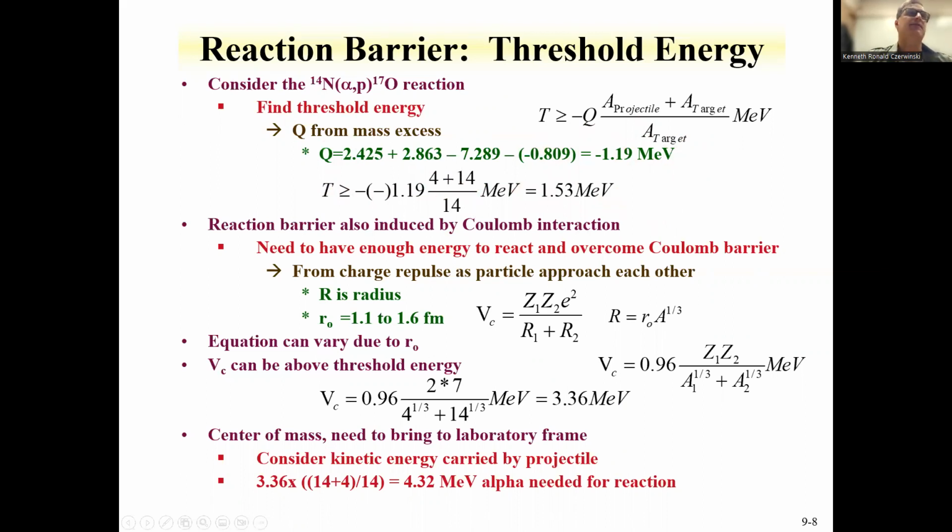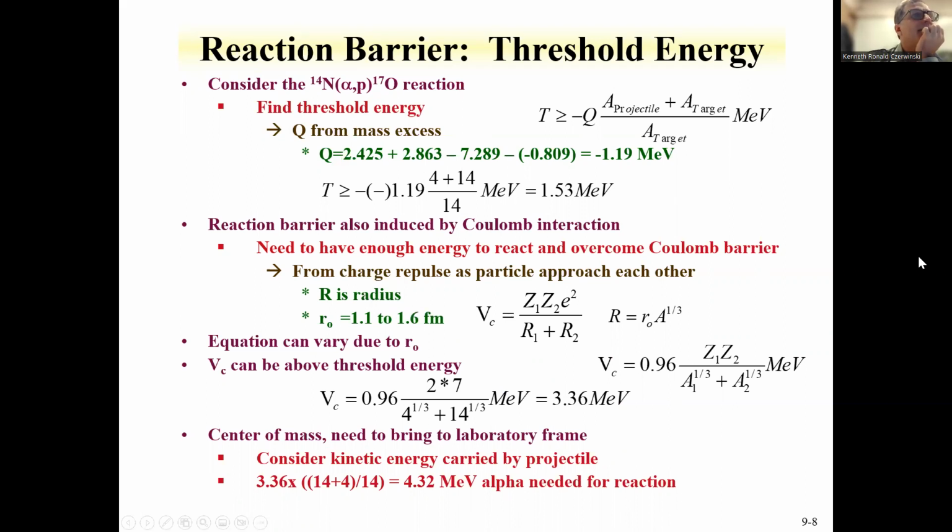Okay, so that's just the threshold energy. If I don't get 1.5 MeV on my alpha particle, there's no way this reaction is going to occur because it won't provide enough energy for the particles to move afterwards and the Q value of the reaction.